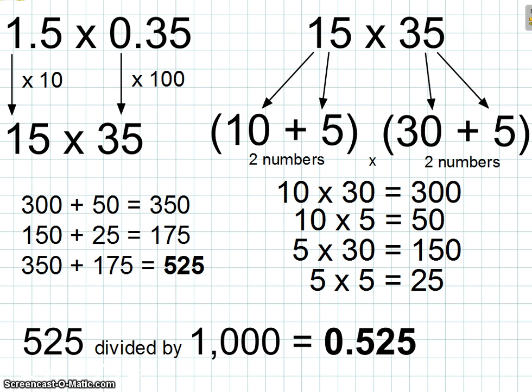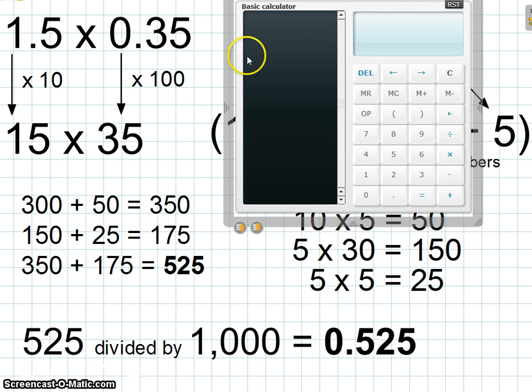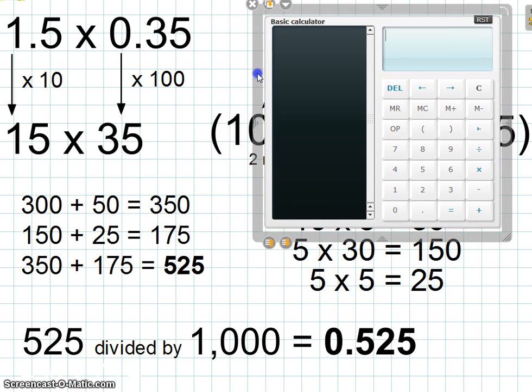Now, I might just take out a calculator again and check that it's correct. I'll put the calculator this side for now. So let's try 1.5 times 0.35. And it says it equals 0.525, which is the answer we reached as well.